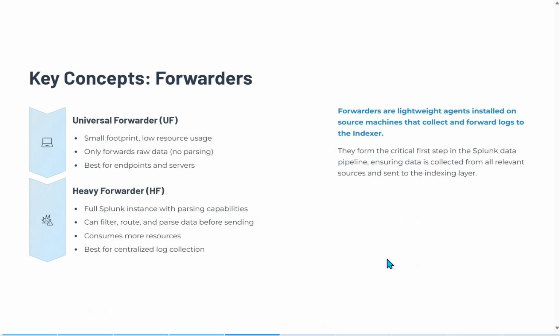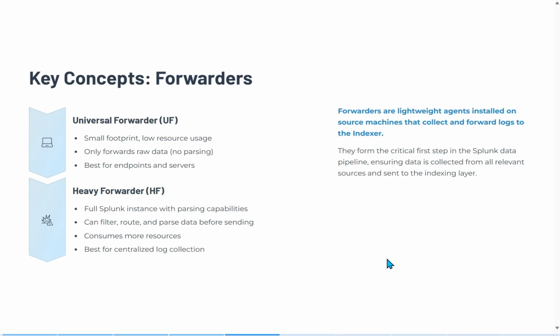Another key concept here is the forwarder. We have two types of forwarder, the universal forwarder and the heavy forwarder. Today, we are going to be making use of the universal forwarder. The universal forwarder has a small footprint, low resource usage, and only forwards raw data, with no parsing.